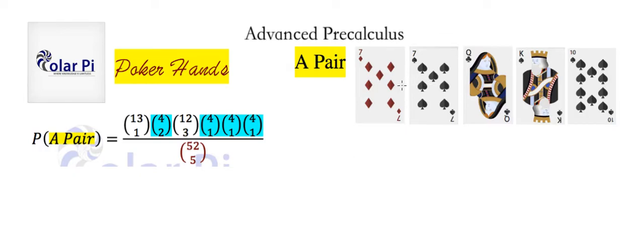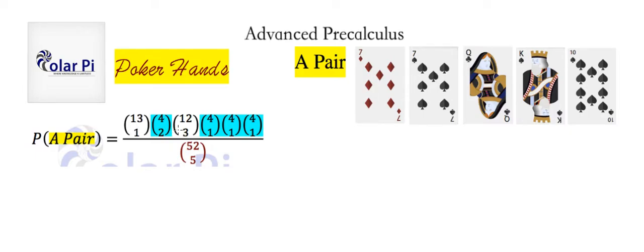It could have been some other 2 suits, and so that's what this 4 choose 2 is there for, right? 4 choose 2 is 4 factorial divided by 2 factorial times 2 factorial. 2 factorial is 2, 2 factorial is 2. So that's 6. So there are 6 possibilities of how we can pick the suits for the 2 sevens. That's what this 4 choose 2 is doing.